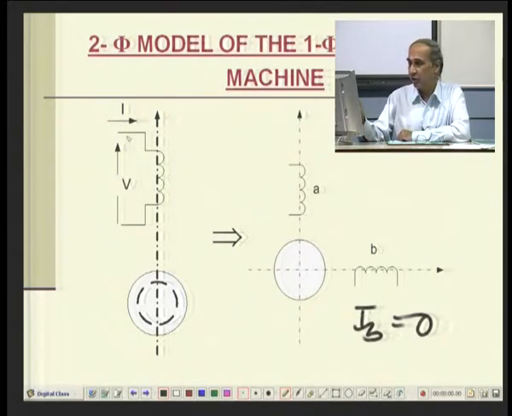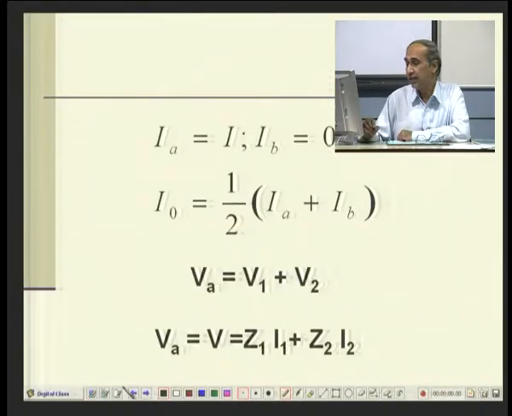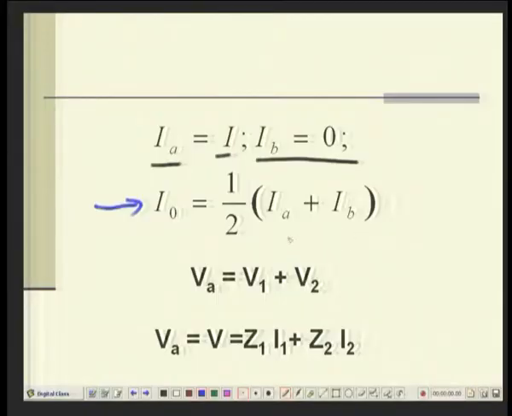And this is the voltage, this is the current. So, this will be carrying IA and this will be VA. So, VA equal to V, which means IA equal to I and IB is 0. Okay. So, I0 is half of, what is this? I think it is half of IA plus IB. No, I think this is I1.